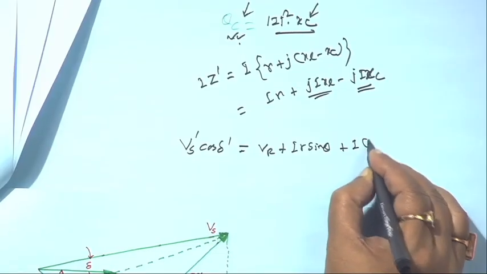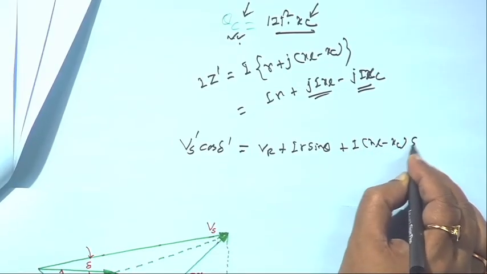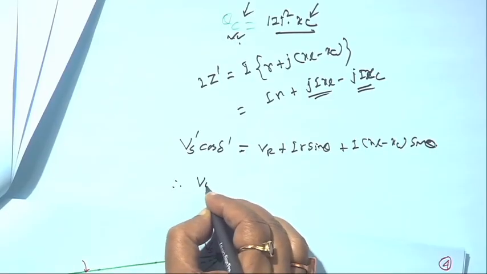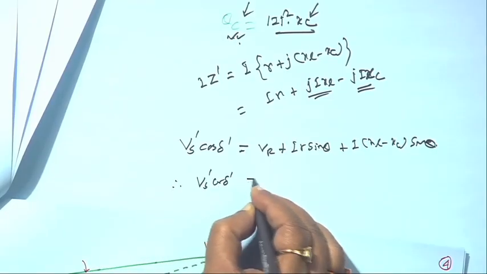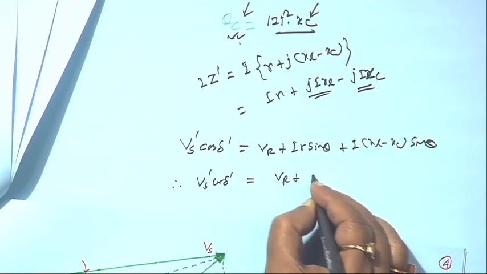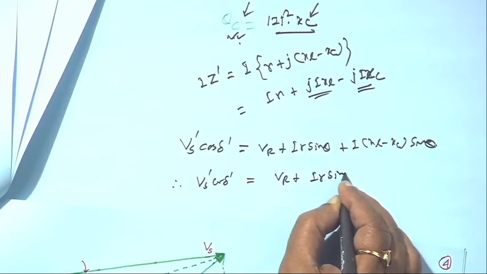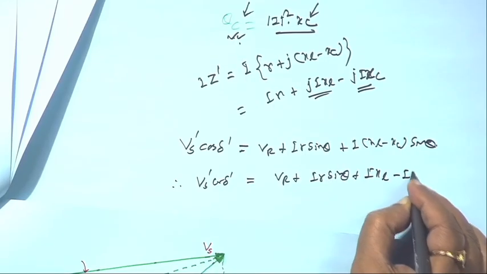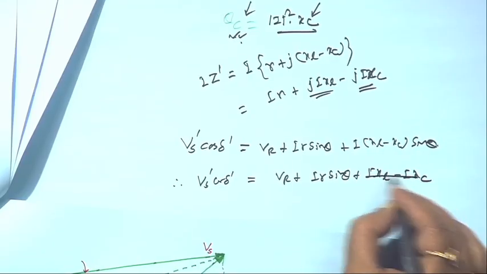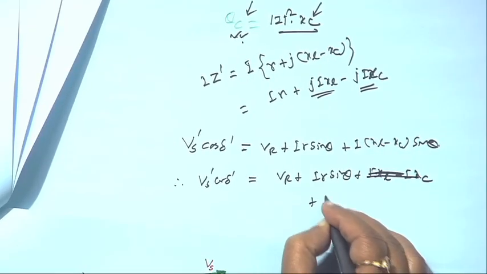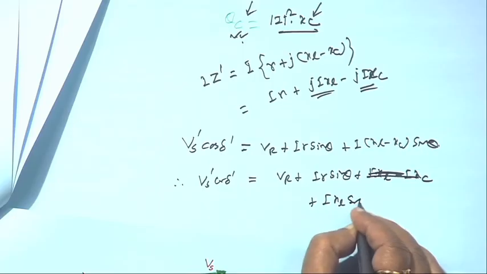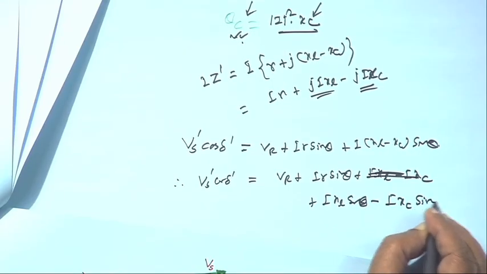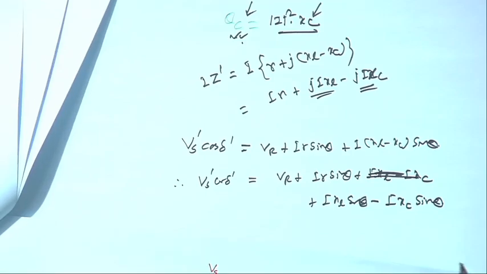That means V s dash cos delta dash is equal to V r plus I r sin theta plus I X L sin theta minus I X C sin theta, right.